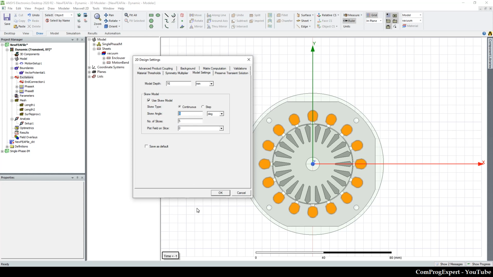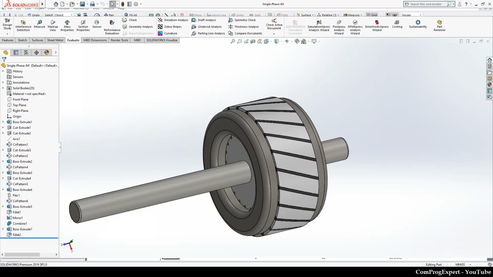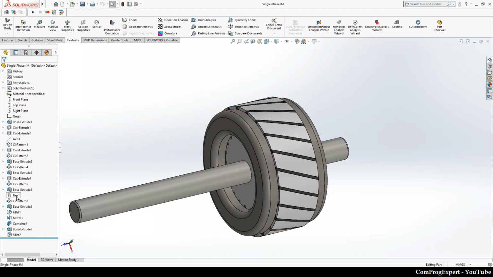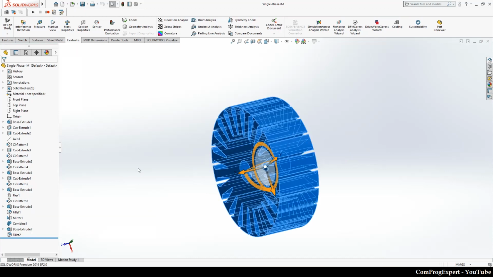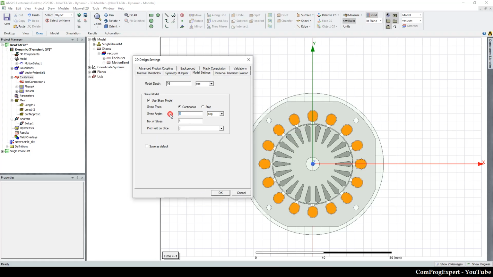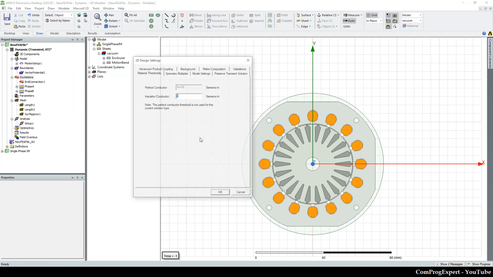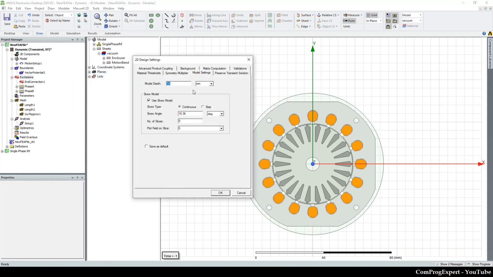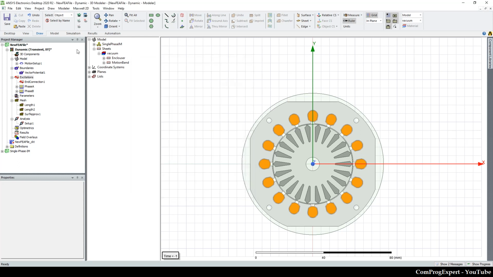The skew angle is equal here. Let me check. I measured it before, 16.36, right? 16.36 degrees. And this is the number of slices for finite element simulation. Let's leave it equal to 5 and press OK. So design settings, model setting, everything is OK, and I press OK.